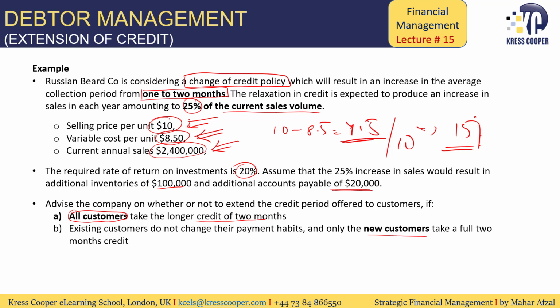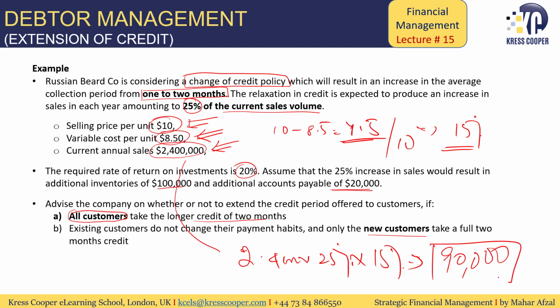If my sales go up by 25%, then 2.4 million multiplied by 0.25 multiplied by 0.15 is equal to 90,000. So 90,000 will be my increase in contribution.